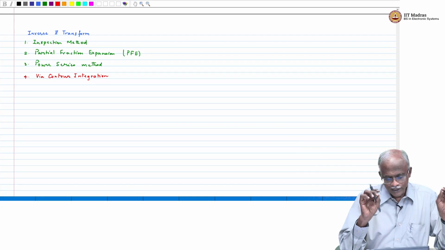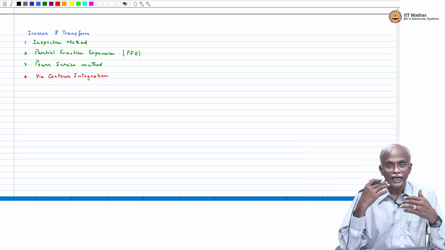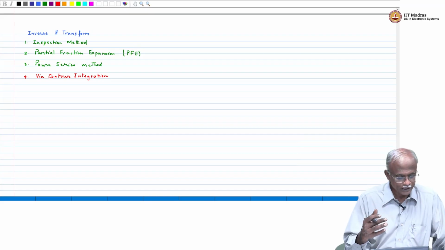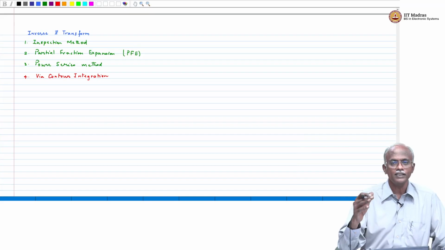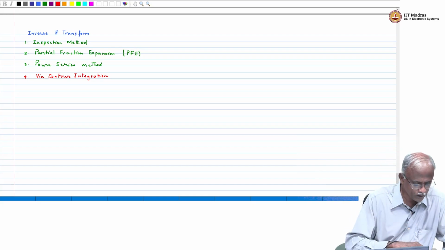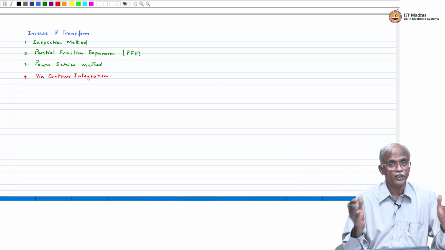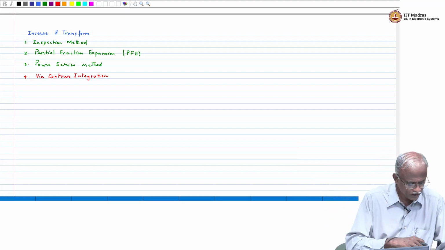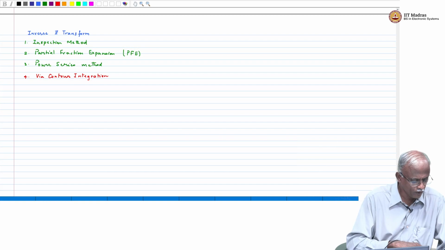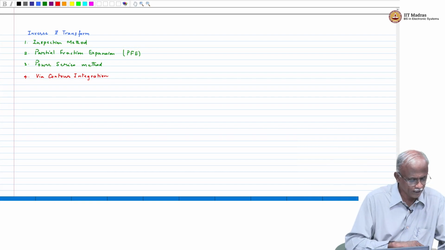We will just mention what it is. We are not going to get into the contour integration steps. However, if you are interested, we can point you to certain textbooks which will give you those. But the most important thing is that we have three methods by which we can do the inverse Z transform, and that is more than adequate for the discussion we are going to be looking at.